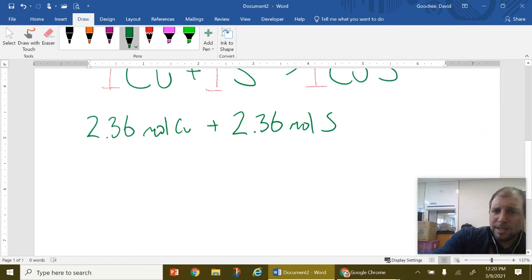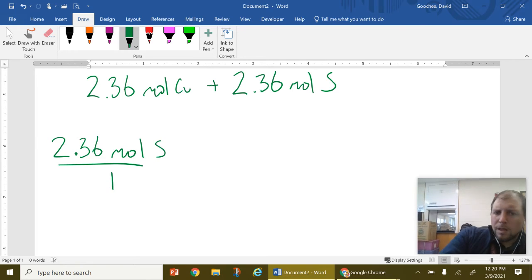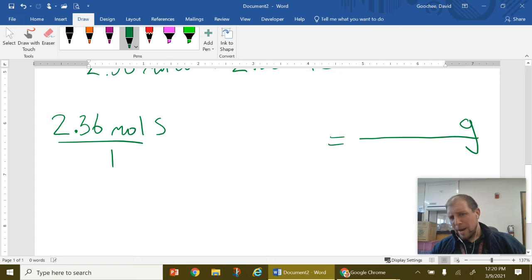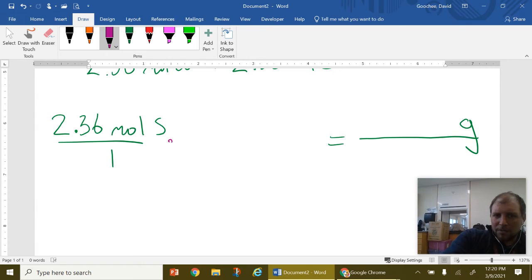What I have to do is figure out, okay, if I have 2.36 moles of sulfur that I want to react with this copper, in real world quantities how many grams of sulfur is that? How many grams do I need to go and weigh out on a scale? Okay? So to do this, I need to do, once again, a conversion.